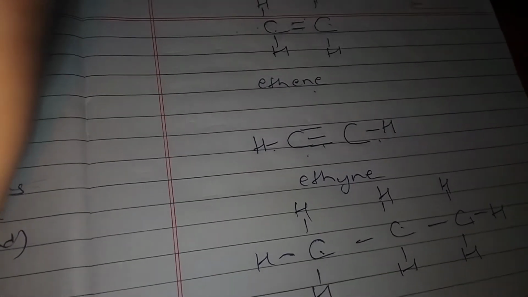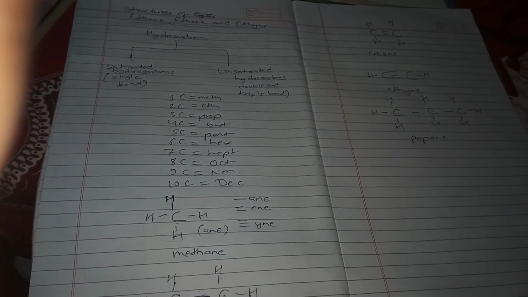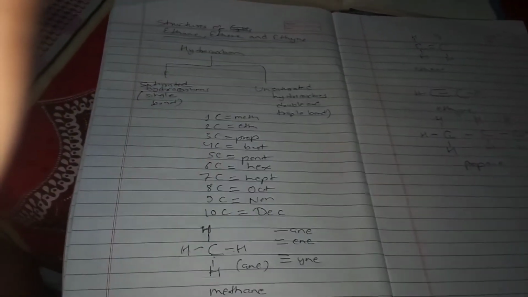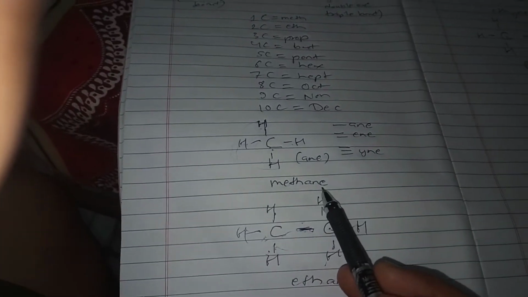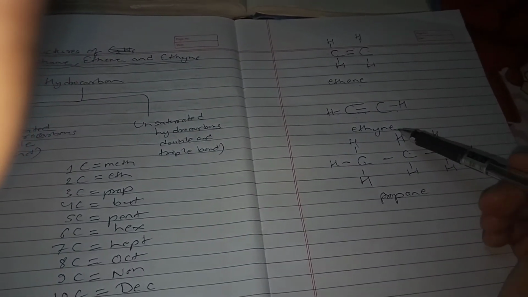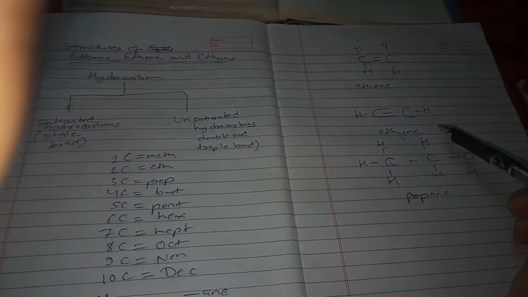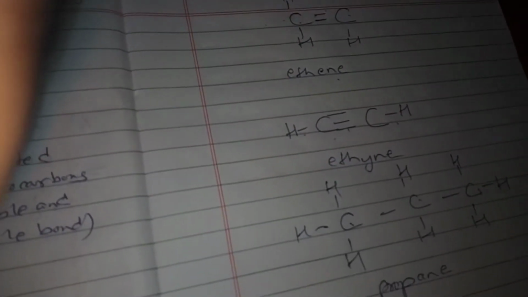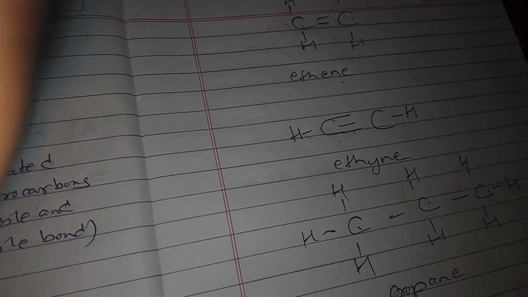Sometimes you might get questions in the exam: give an example of saturated hydrocarbons, give an example of unsaturated hydrocarbons. So saturated hydrocarbon examples are methane, ethane, because they contain a single bond, and unsaturated hydrocarbons are ethene, ethyne, because they contain double and triple bonds. Is it clear? So these are the things you need to understand about hydrocarbons.